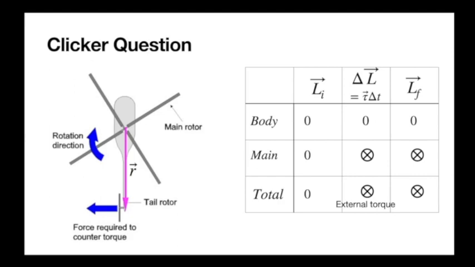And the way I like to think of it is that the tail rotor is dumping angular momentum into the system, and it's being transferred to the main rotor. The main rotor needs angular momentum to spin, and instead of getting that angular momentum from the body by spinning it in the other direction, we just get it from the tail rotor, which is pushing against the air and getting that force.